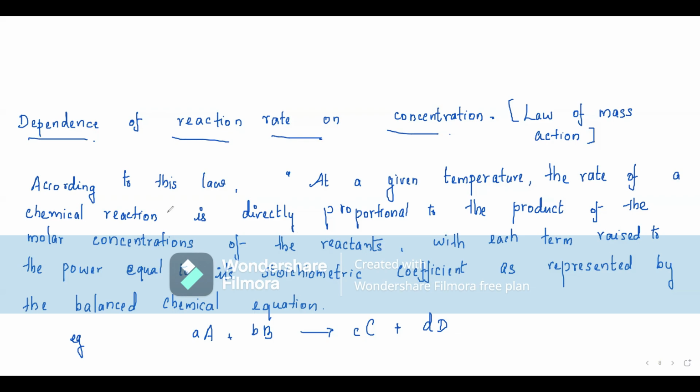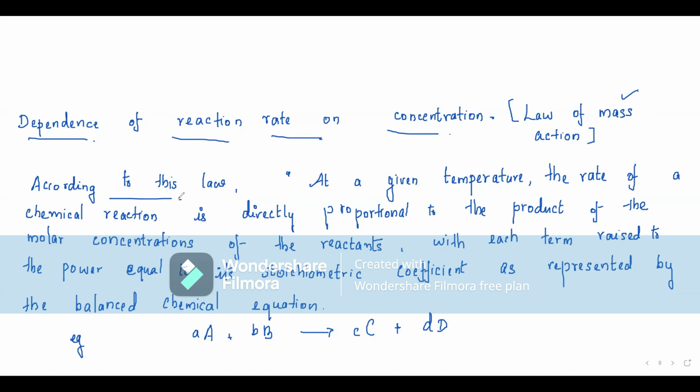So first of all, in 11th grade, we have studied the law of mass action. Law of mass action is helping us to find out the rate of a reaction.